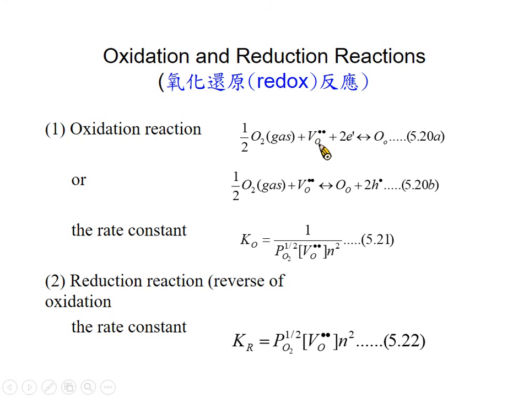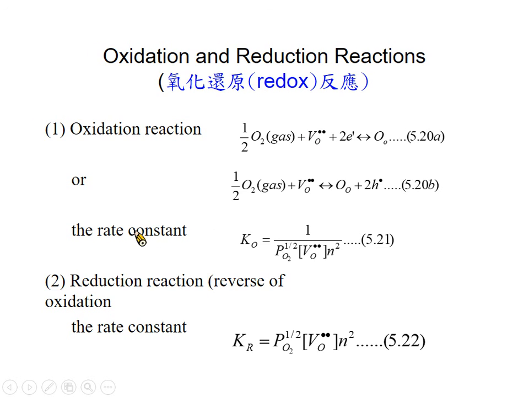This is the oxygen vacancy in the sample, and we also take the electron from the sample. Then we can diminish the oxygen vacancies, and show the equation like this. Or we can write the second one, for example, taking the electron to the other side of this equation, so we write a similar equation as the previous one.